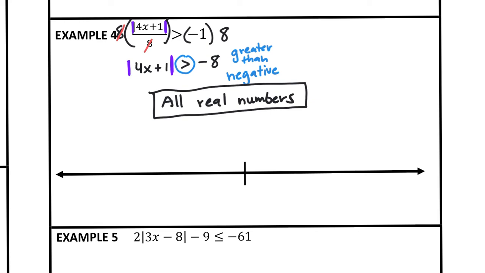And so when it's all real numbers, if I have my number line here, 0, to negative infinity and infinity, my answer is I'm going to shade the whole number line.